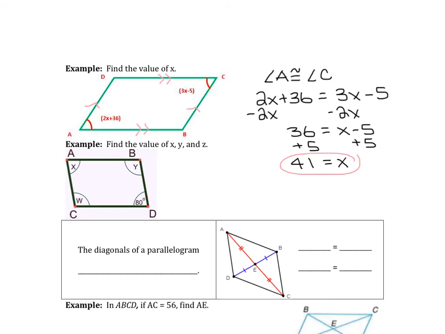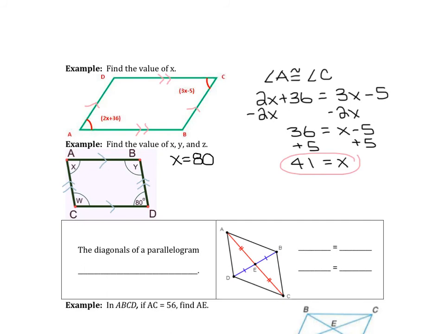In the next example, again, we are given that ABDC is a parallelogram. So AB is parallel to DC, and AC is parallel to BD. Because we know this is a parallelogram, we know two properties about the angles. The opposite angles are congruent. So angle A is congruent to angle D, meaning X is 80.